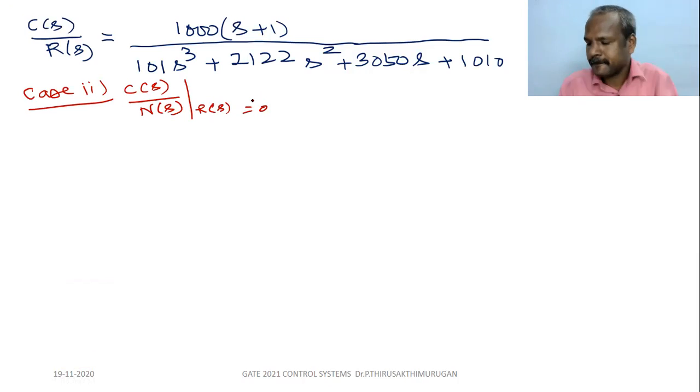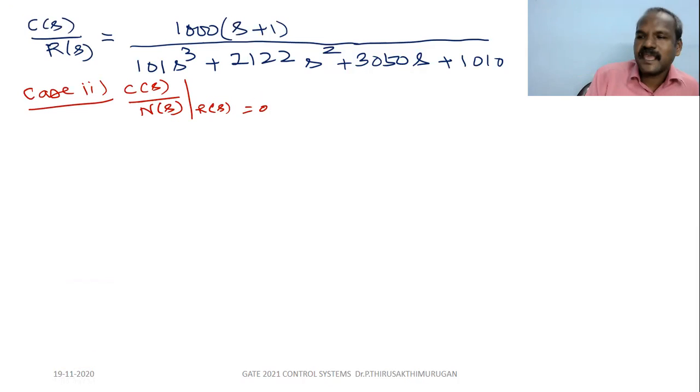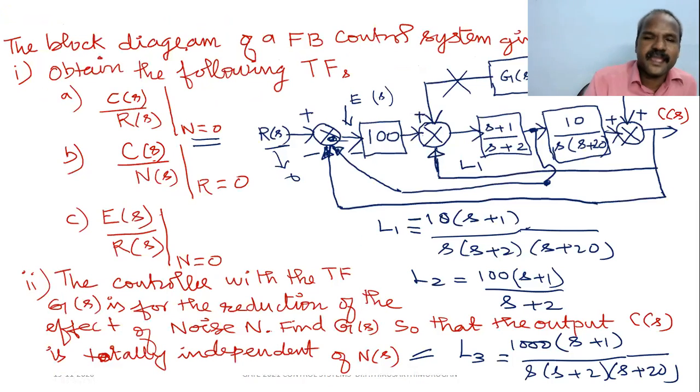So what happened? Go back here. R of S is 0, so this becomes 0. The input is 0, so this is 0 minus this, minus of minus is this, right?